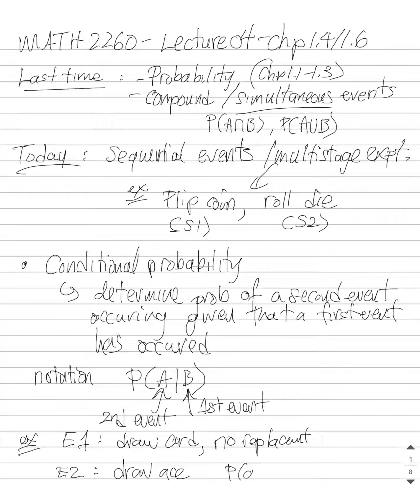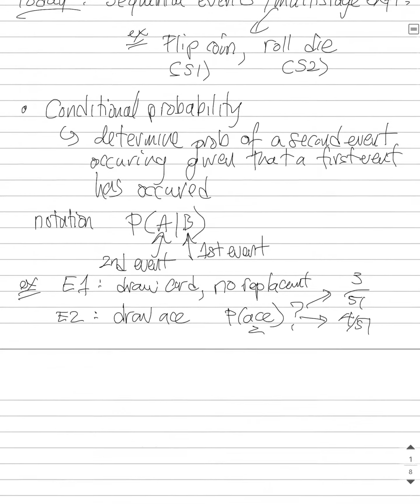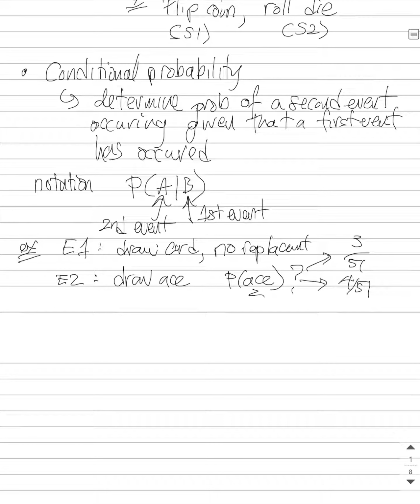What would the probability of an ace be? It would very much depend on what happened with the first card. Did I draw an ace from the first card? If I did, then there would only be 51 cards left, and only 3 aces left to draw the second time. If I didn't draw an ace on the first card, I would still have 51 cards, but 4 aces available. So you can hopefully see that the outcome will change depending on what happens first.